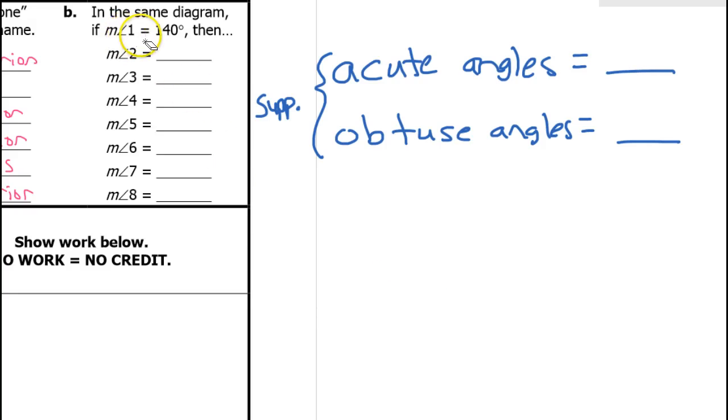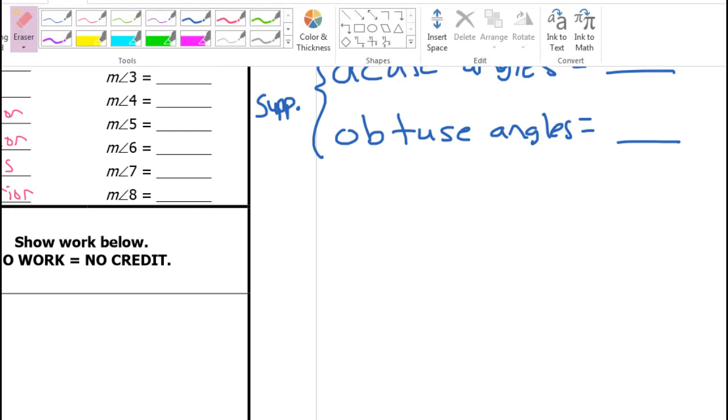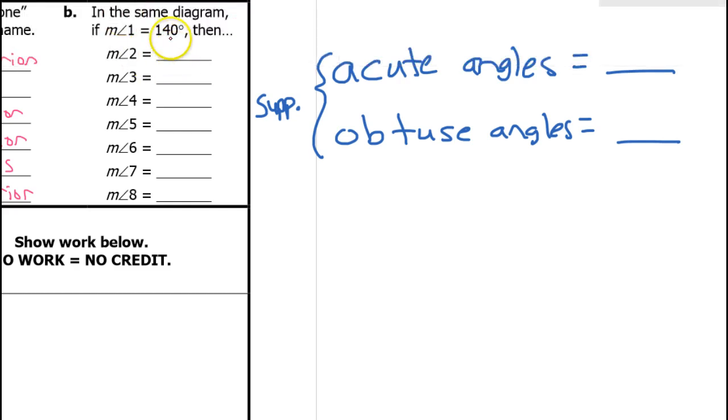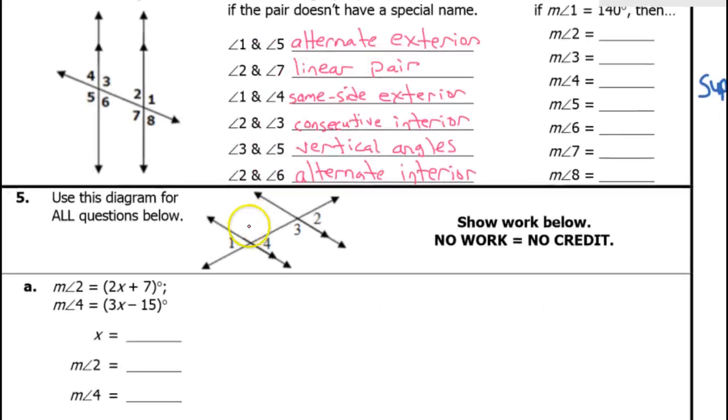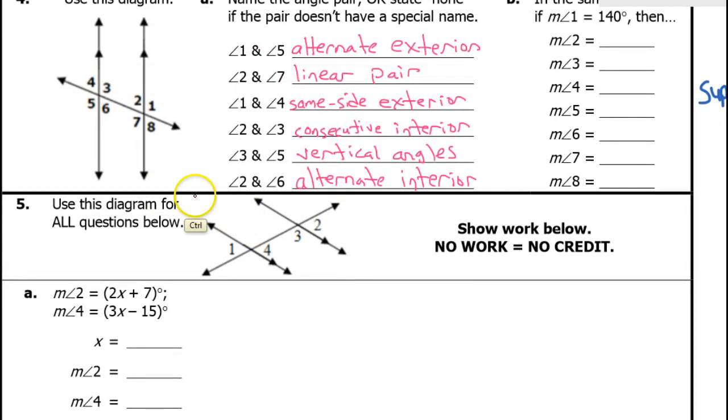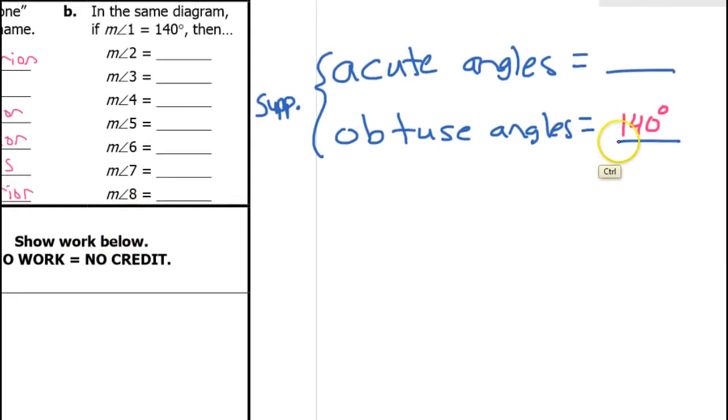So angle 1 is 140 degrees. Is that acute or obtuse? Obviously that's obtuse because it's bigger than 90 degrees. So I've got an obtuse angle of 140 degrees. That means in this picture, all of the obtuse angles are going to be 140 degrees.